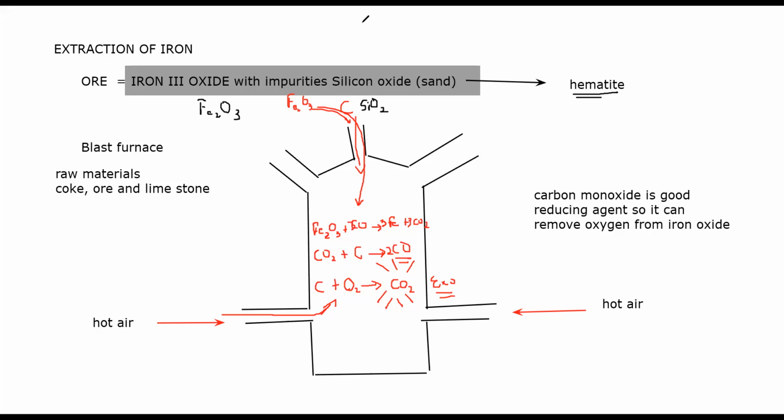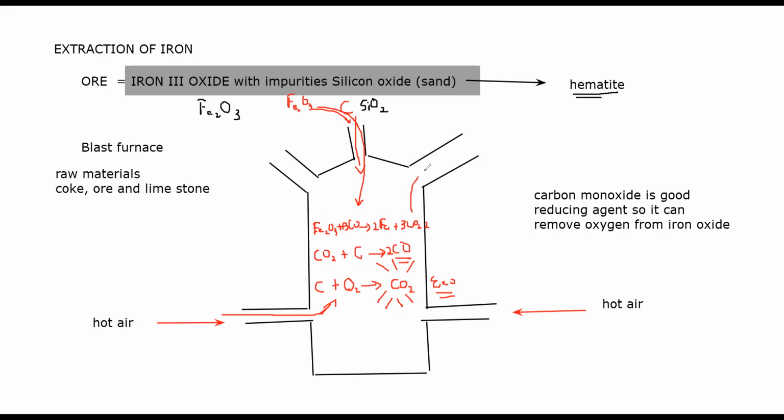The equation, I will write a balanced equation. So when the ore of the iron, which is iron oxide, reacts with carbon monoxide, a good reducing agent, with 3 molecules of carbon monoxide, it forms iron metal, molten iron, and it gives carbon dioxide.